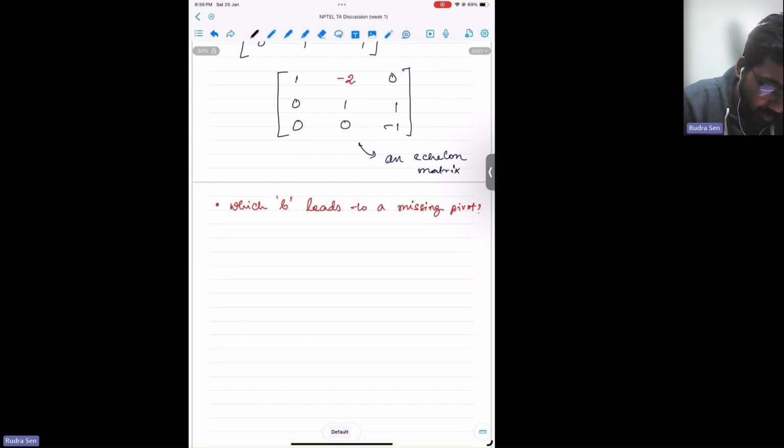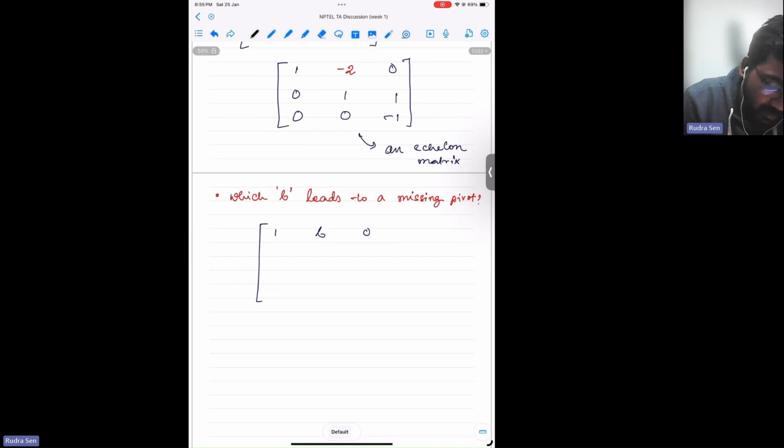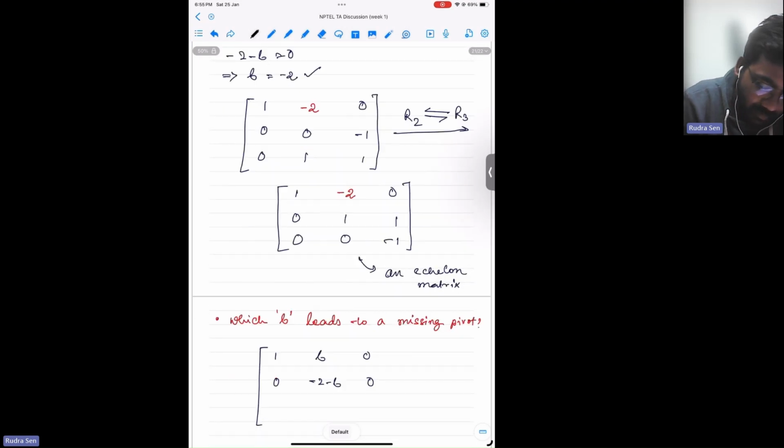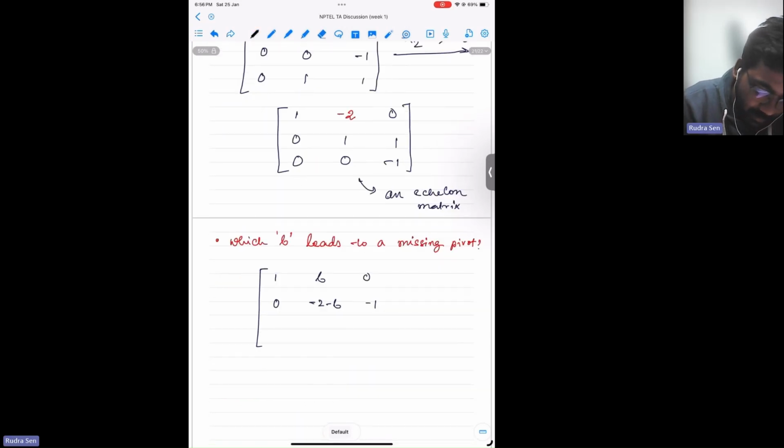So what was our matrix? After the row operation, the matrix was 1, b, 0; then 0, minus 2 minus b, minus 1; and lastly 0, 1, 1. Which b leads to a missing pivot?